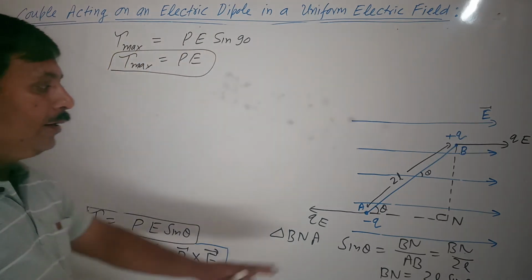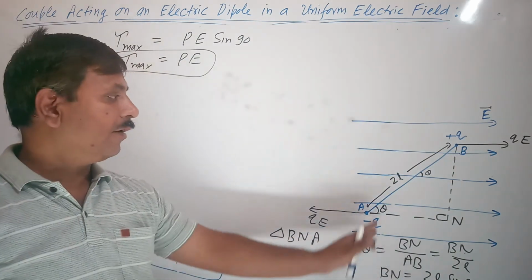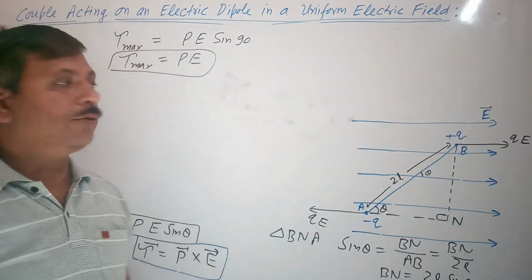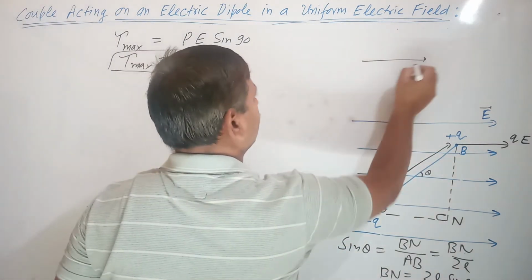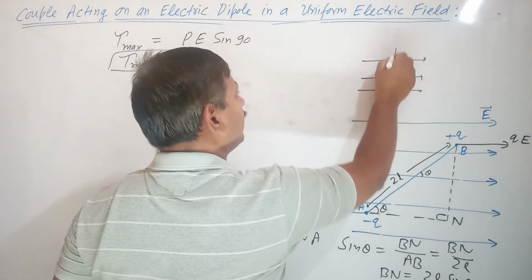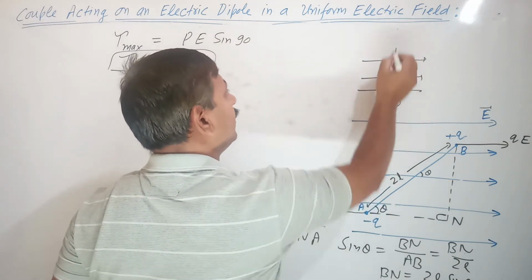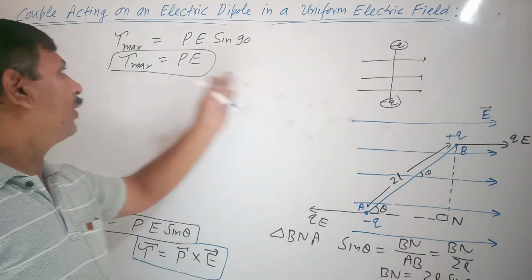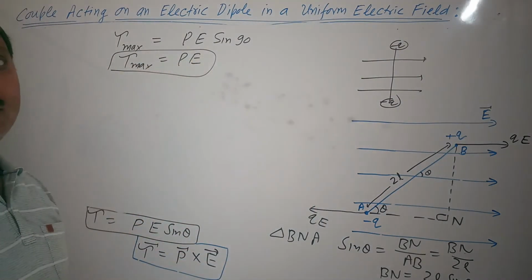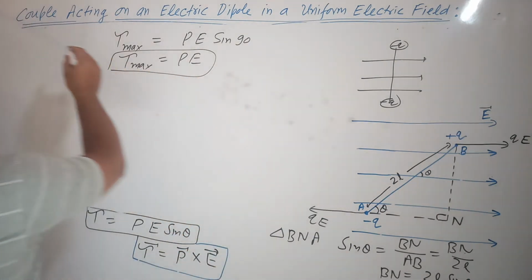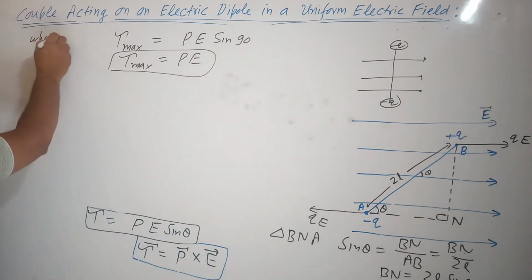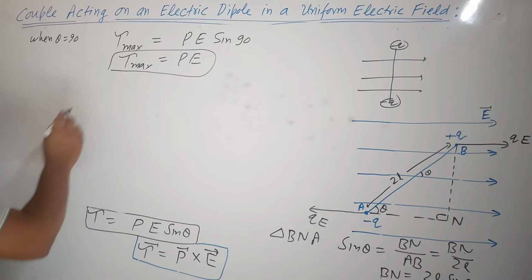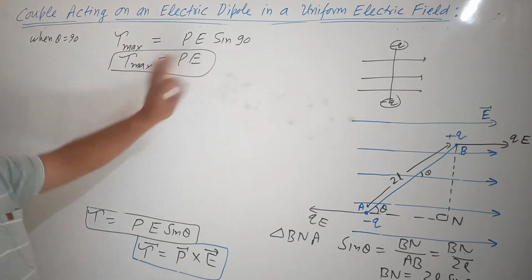This happens when the axis of the dipole is perpendicular to the field. Suppose this is the field, then when perpendicular, at that time it experiences maximum torque, and the maximum torque will be when theta is equal to 90 degree, and that is PE.